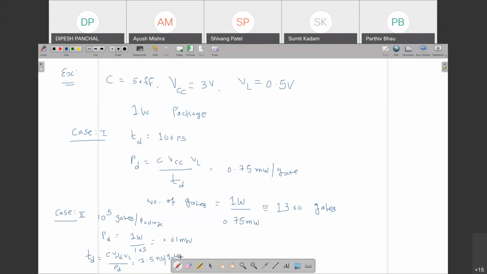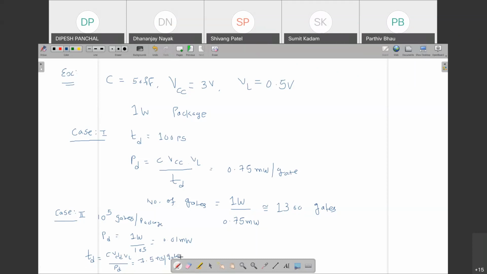So by looking at these two cases, what is your comment? What is your conclusion? So by increasing the gates, delay is more. With 10 raised to 5 gates, 7.5 nanoseconds is large as compared to 100 picoseconds.